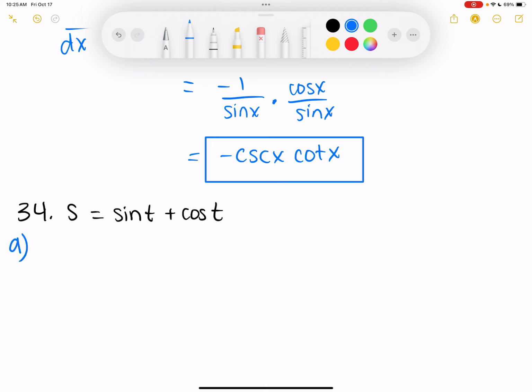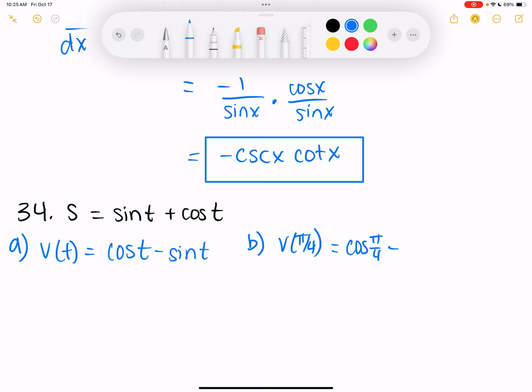So then the velocity function would be what? Cosine t minus sine of t. Yep. And I'm going to evaluate over here at pi over 4. So v of pi over 4 is cosine of pi over 4 minus sine of pi over 4. So I have root 2 over 2 minus root 2 over 2.